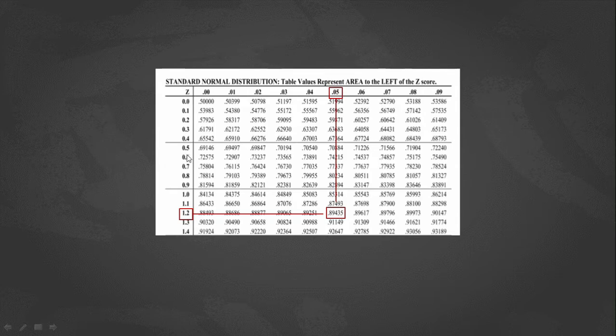So, 1.25 yung nakuha nating sagot. So, hanapin natin 1.2. Dito siya. Tapos, yung next na decimal is 0.05. So, susugsugin natin siya dito sa table. So, ang sagot niya is 0.89435 or approximately 0.89.